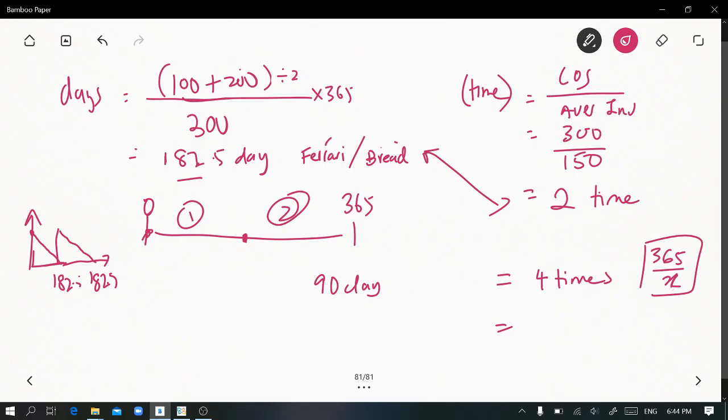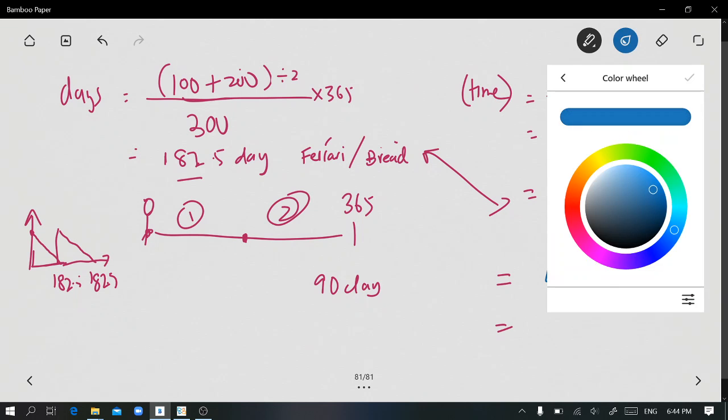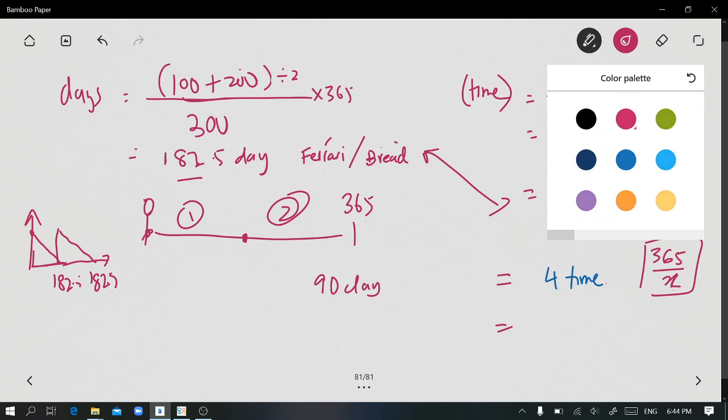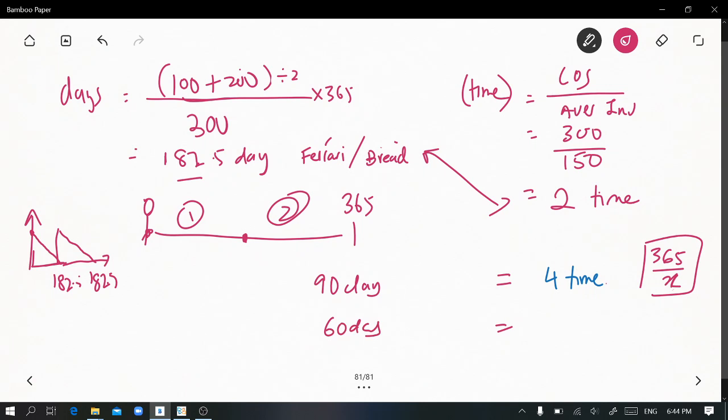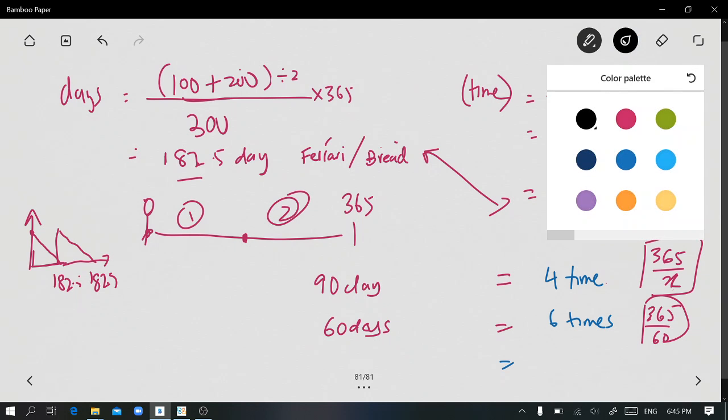What happens if you are given times instead? One more example, if it's 60 days, how many times? You take 365 divided by 60, so it's about 6 times. What happens if you are given, let's say, 3 times?